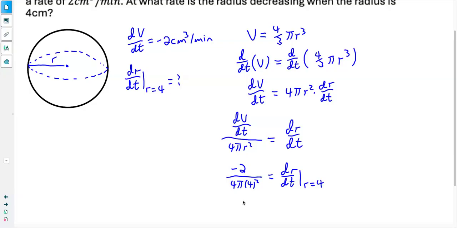And that's going to give us -1 over 8 pi centimeters per minute. And that's the rate at which our radius is decreasing.